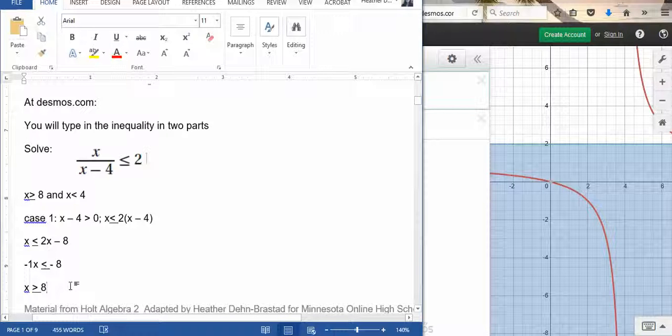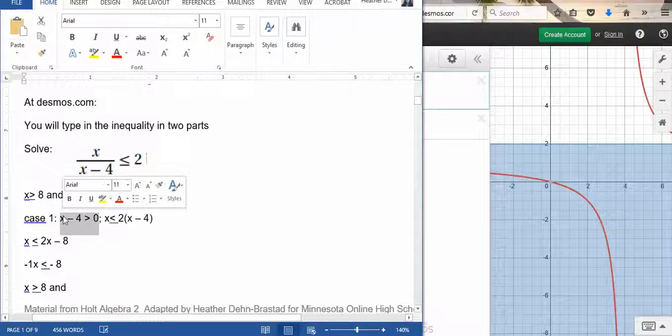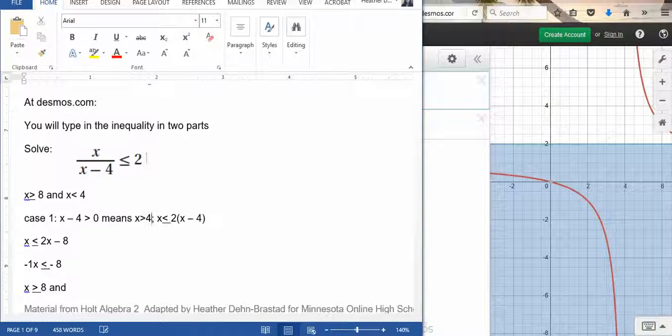Now that's case 1. Now part of case 1 was also that x minus 4 had to be greater than 0. This part has to be true as well. Well, is that true if x is greater than or equal to 8? X minus 4 greater than 0 means that x is greater than 4.